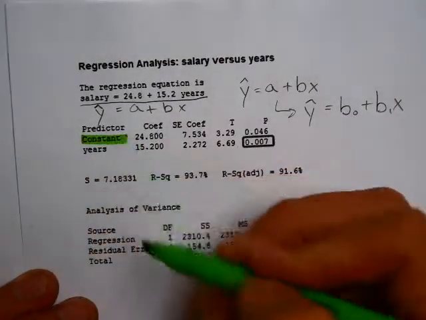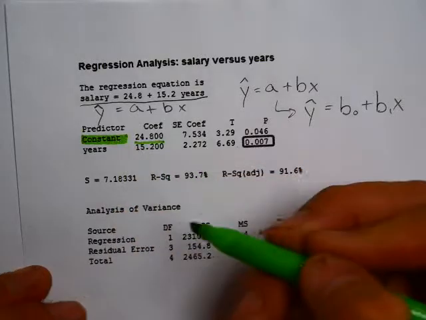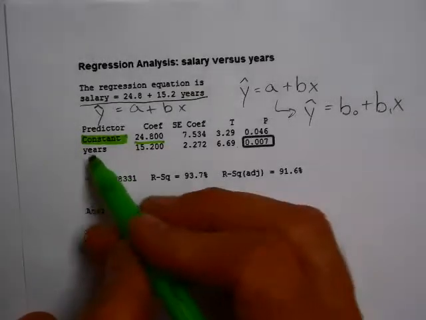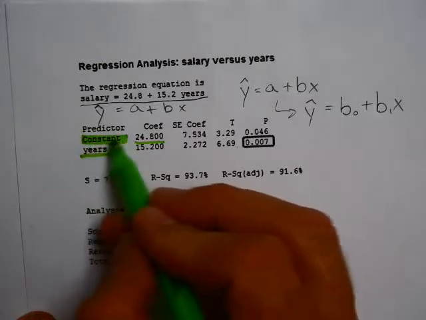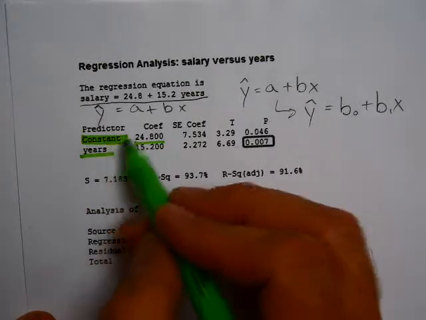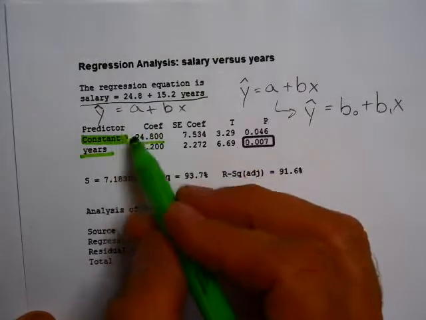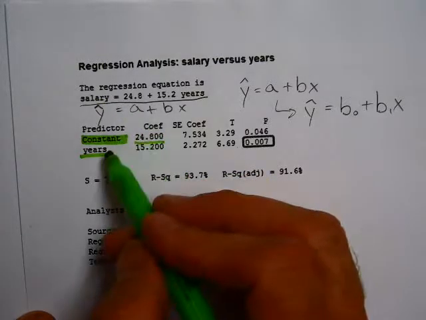This is the constant. The 24.8 is how much we're adding to everything that we do. That's the constant. The y-intercept is always a constant. And the years, although it doesn't say slope, we've got constant coefficient, the thing that doesn't change, and the years coefficient.